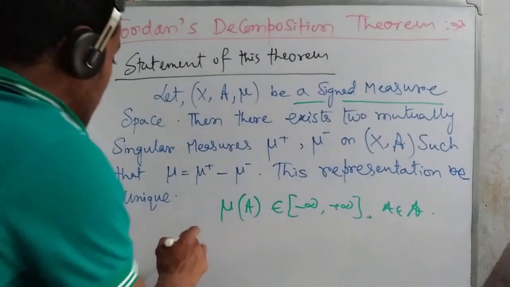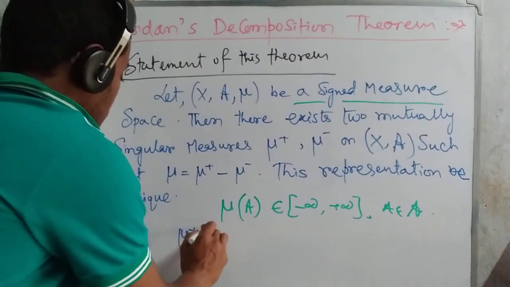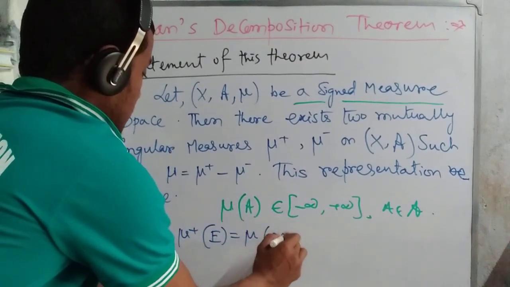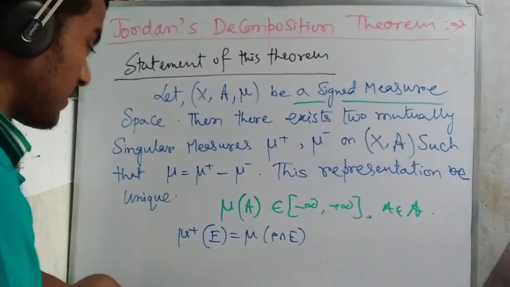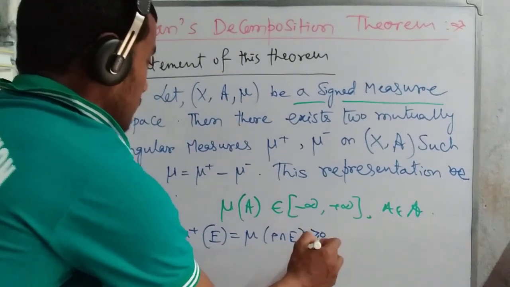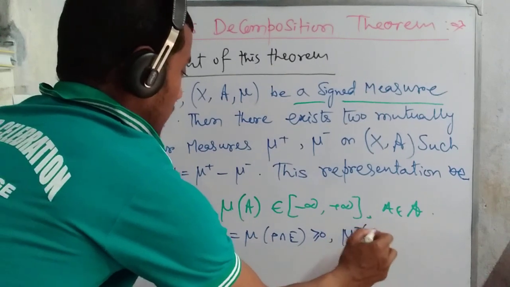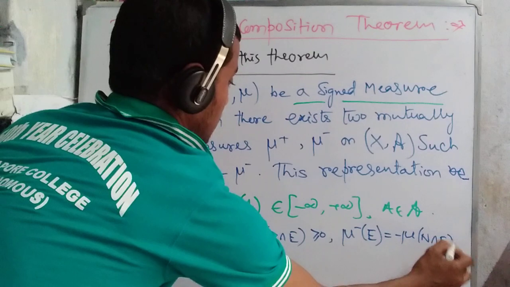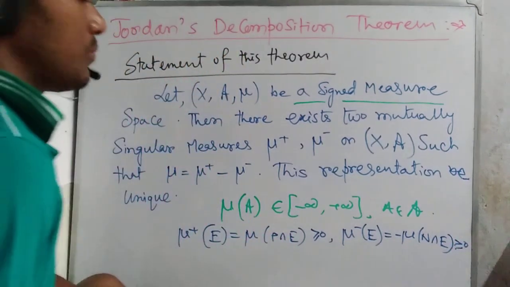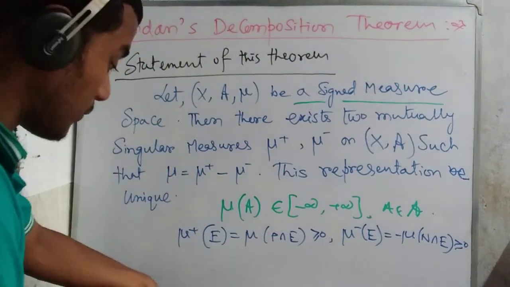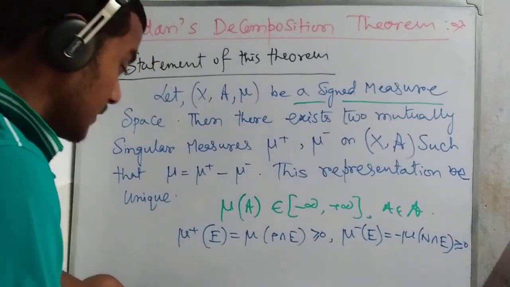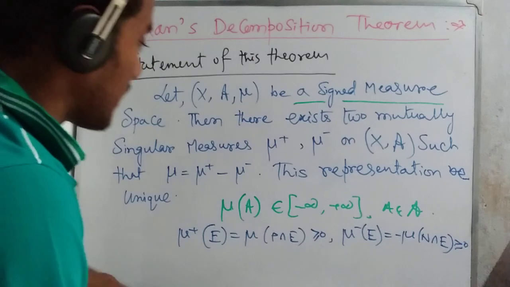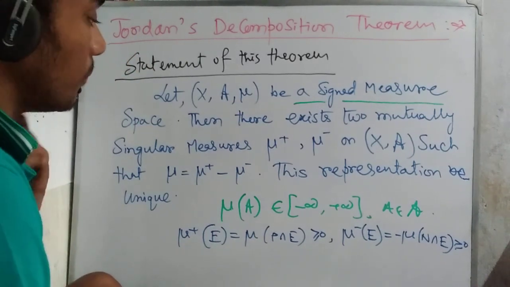We know μ⁺(E) = μ(P ∩ E), obviously greater than or equal to 0, and μ⁻(E) = −μ(N ∩ E), obviously greater than or equal to 0, because N is a negative set and P is a positive set. Then μ⁺ and μ⁻ take values in [0, ∞].